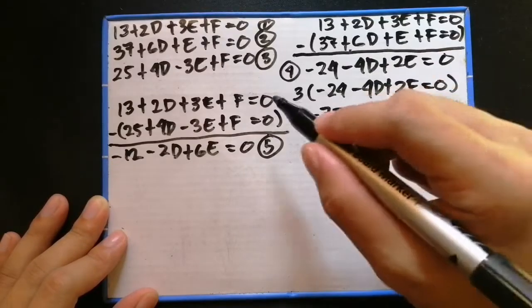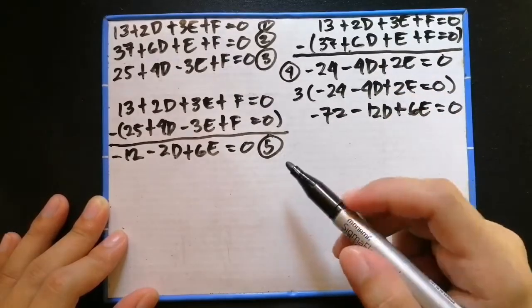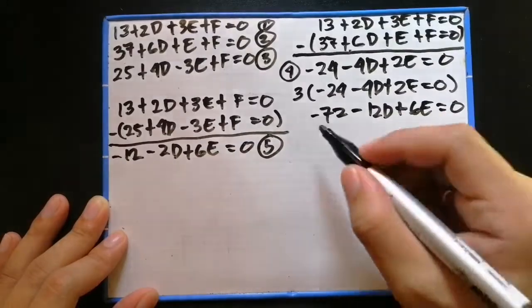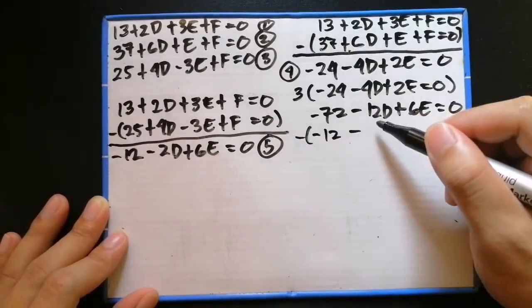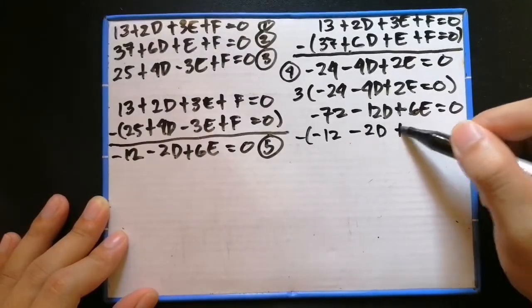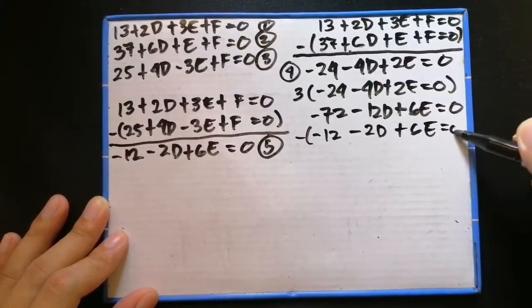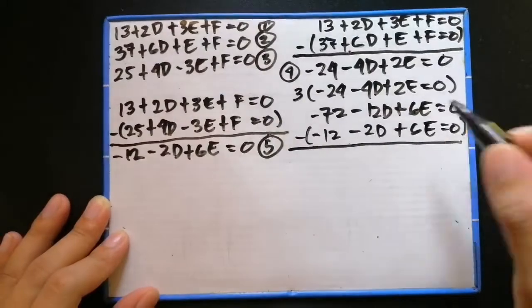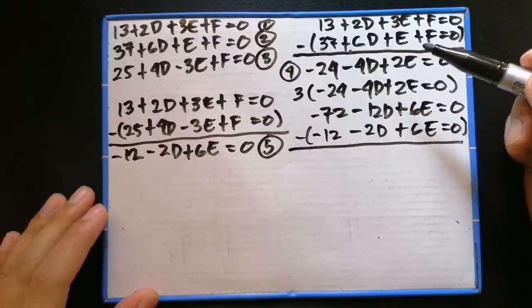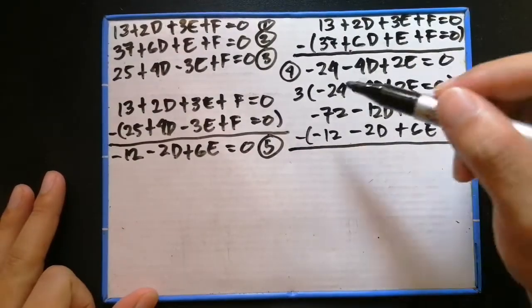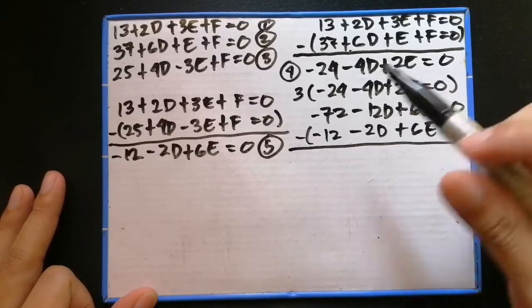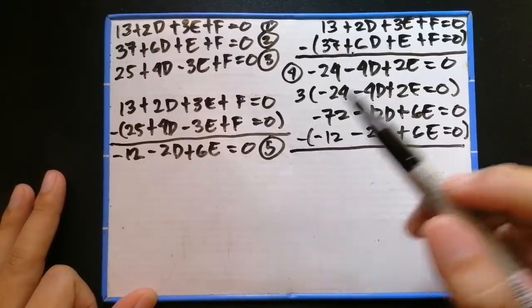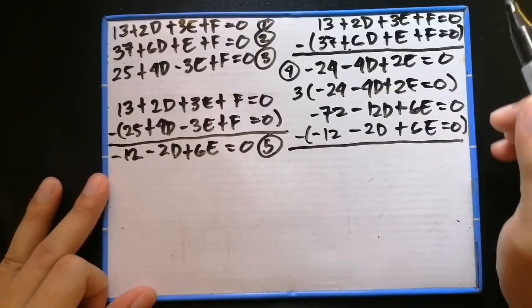So, ngayon, pwede na natin isubtract si equation 5 to eliminate E. So, minus negative 12 minus 2D plus 6E is equal to 0. So, anong ginawa natin? Si equation 4, times 3 natin yung buong equation 4 para ma-eliminate natin si E kapag sinubtract natin kay equation 5.